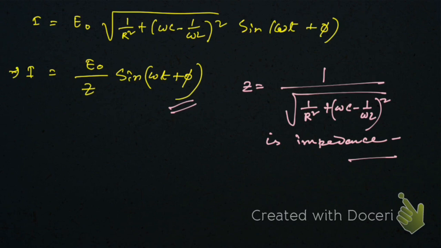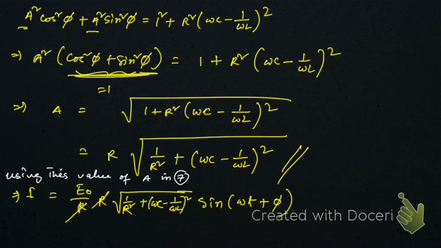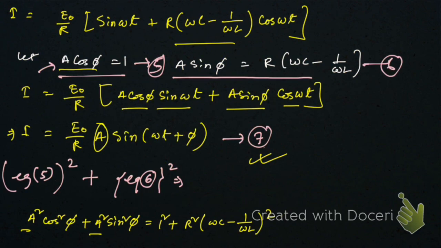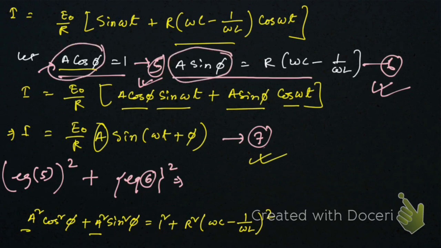Now let's find the value of phi. How to do that? In order to find the value of phi, we are going to divide equation number 6 by equation number 5. If you divide A sine phi by A cos phi, you will get tan phi, A will be cancelled, and on the right hand side you will get R into omega C minus 1 by omega L divided by 1.